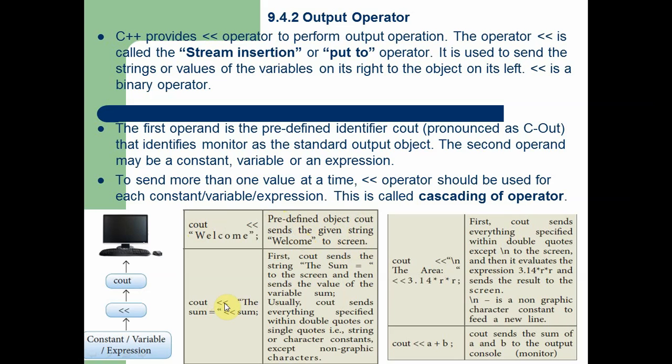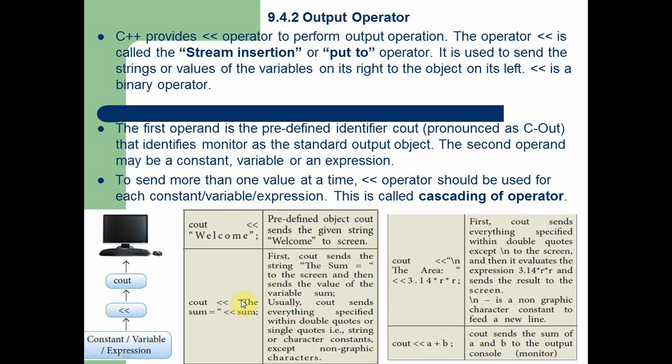In the same way, like cin, cout also needs separate operators for separate values. For example, if you have to send two separate values simultaneously, then you can use two separate put-to operators. This is also called cascading of operators. So here we send the first value, "the sum is equal to", and the second value, sum.